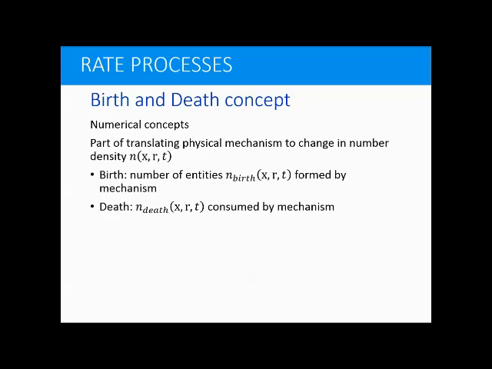So birth, again, denotes the number of entities at that time point that are formed by a certain mechanism. And death is the amount of entities that is consumed by this mechanism.